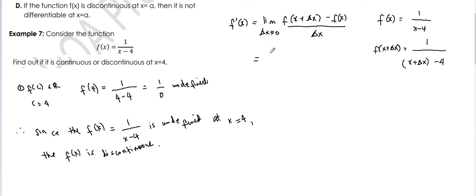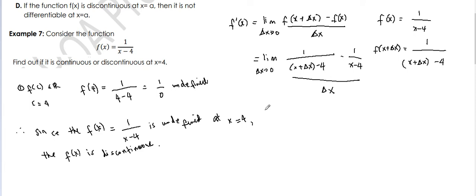Alright, so we have the limit of 1 over x plus delta x minus 4 minus our original function which is 1 over x minus 4, all over delta x as delta x approaches 0.